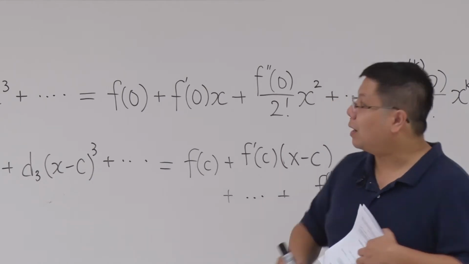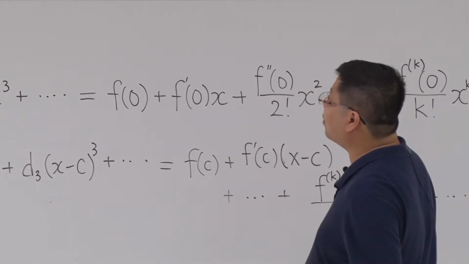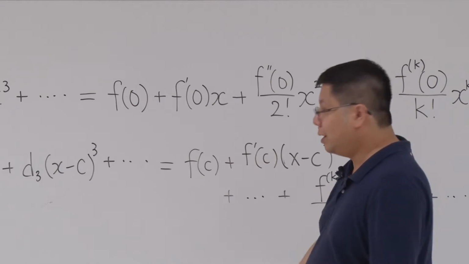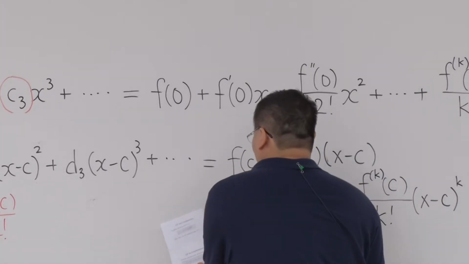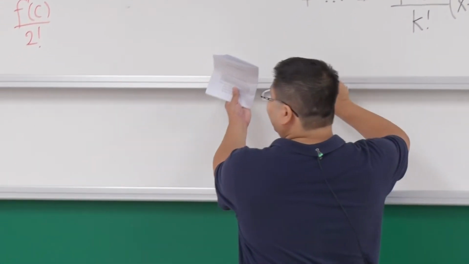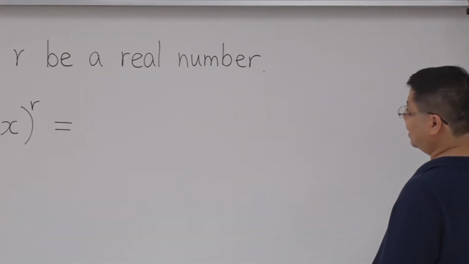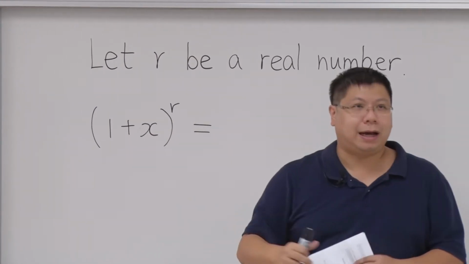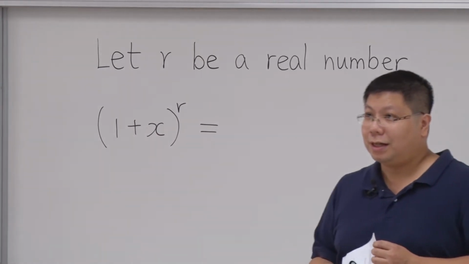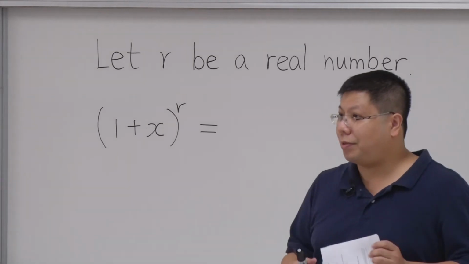Okay. Now, why should I introduce this Maclaurin series? Because it is helpful in getting the generalized binomial theorem. Okay. So here, this is 1 plus x to the power r, where r is a real number. And then I want to express this.